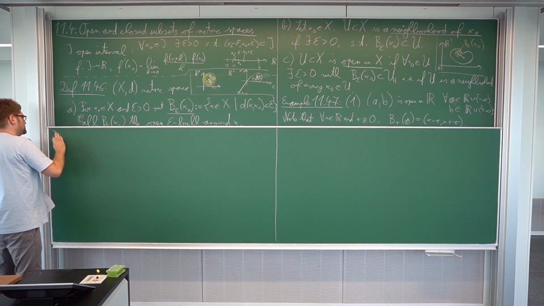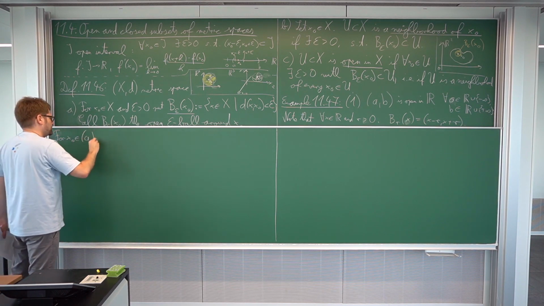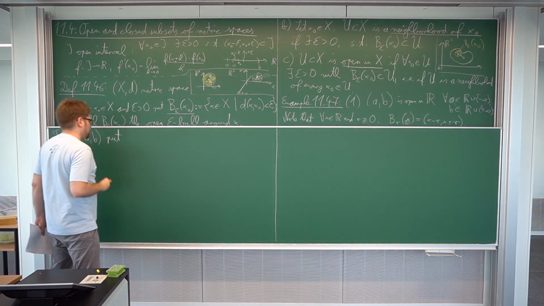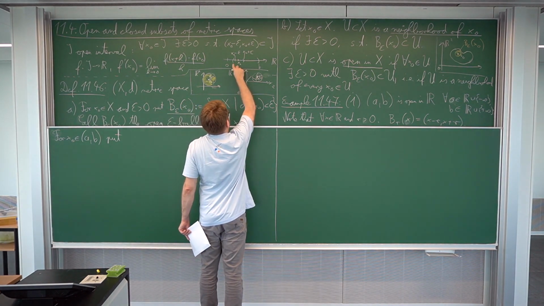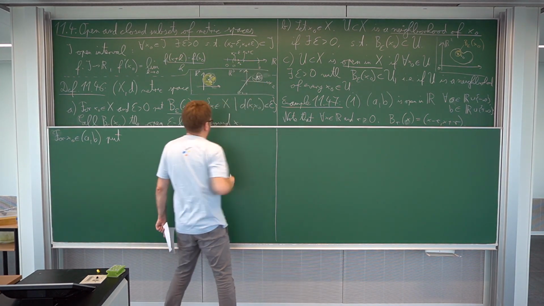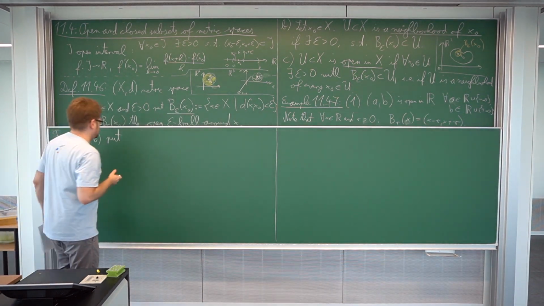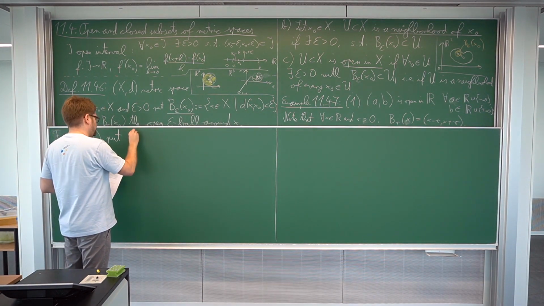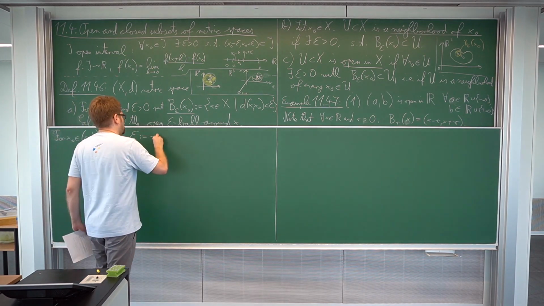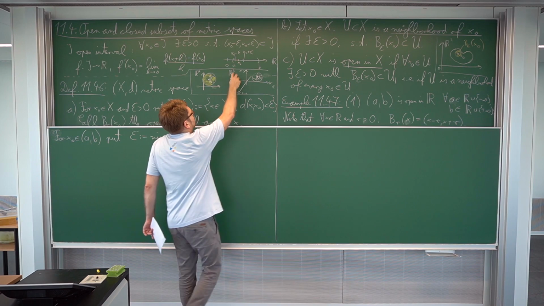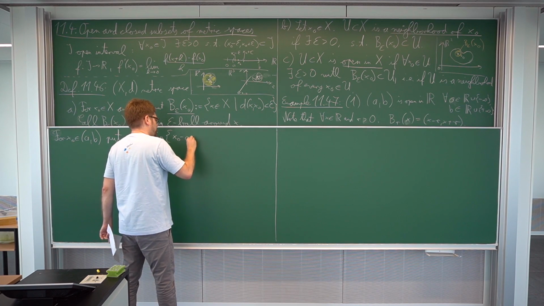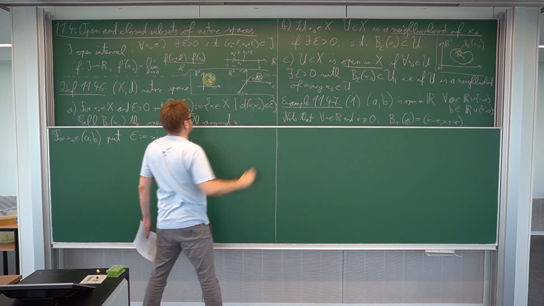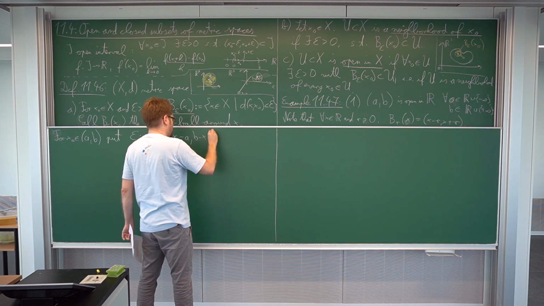So for x0 in AB, if we take some point, we have to take a look at how much space is left to A, how much space is left to B, and then decide for the smaller number and take the correct ball. So we put epsilon to be the minimum of the space which is left from x0 to A, which is just x0 minus A, and from here to there, this segment has length B minus x0.